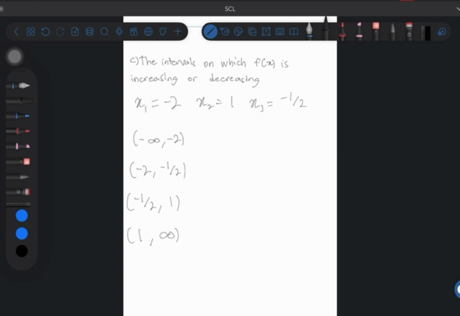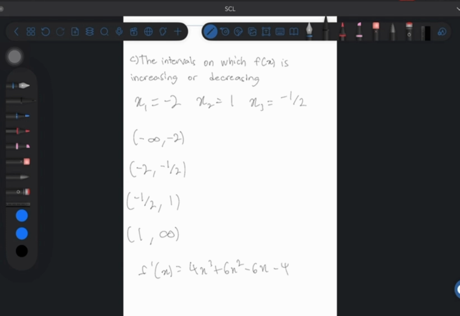The equation that we have to substitute into is not the original equation, but the first derivative. The first derivative that we got is 4x cubed plus 6x squared minus 6x minus 4. This is the equation we are going to substitute the values into to determine which interval is increasing or decreasing.